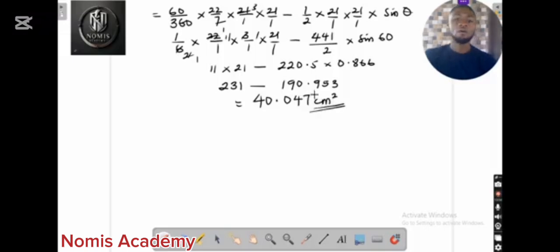So that is the area of the minor segment.